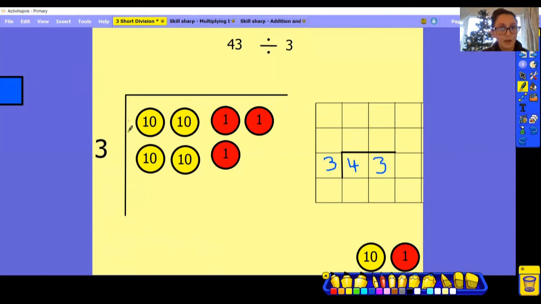So remember, in each group there's going to be 3 in this one. We've got 1, 2, 3. Okay, I can't make another group because I only have 1 left over.